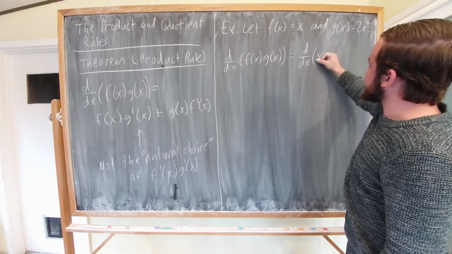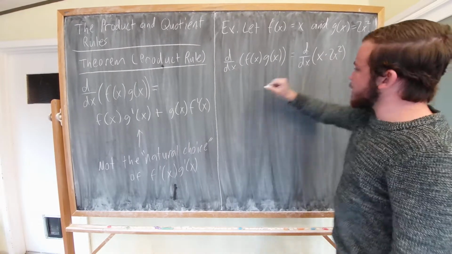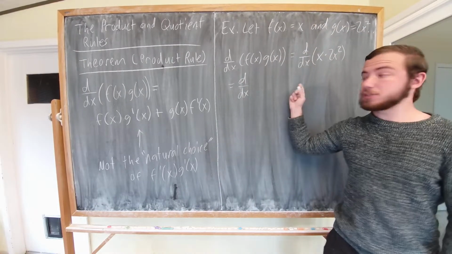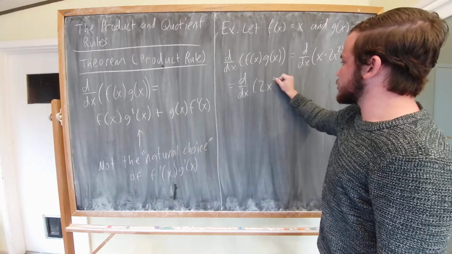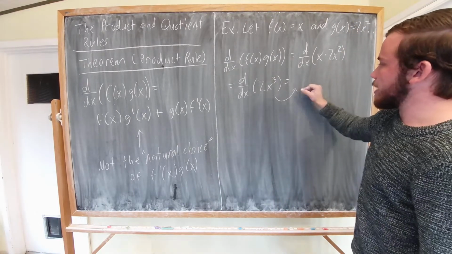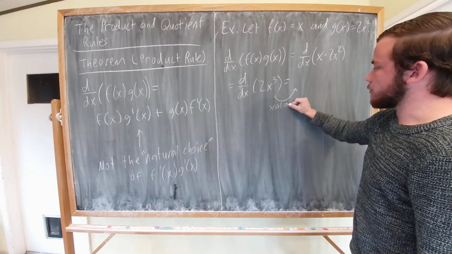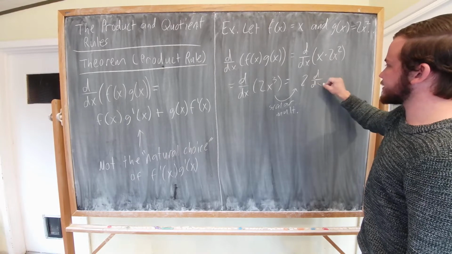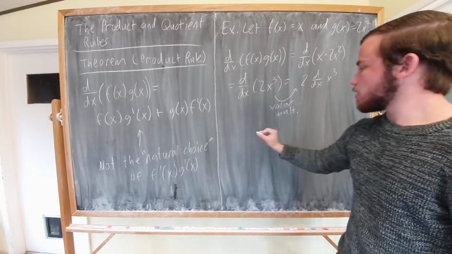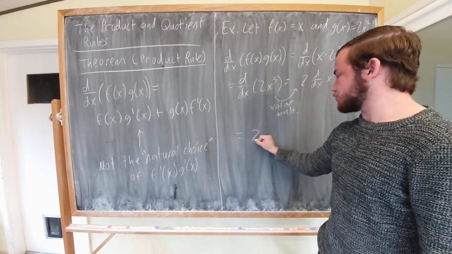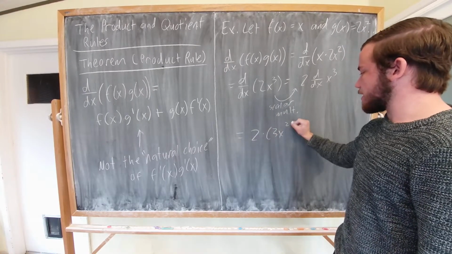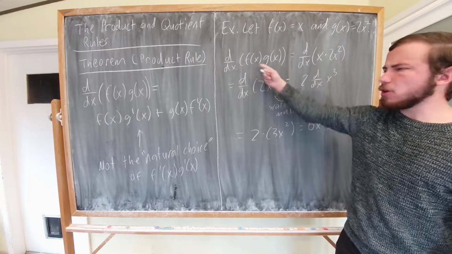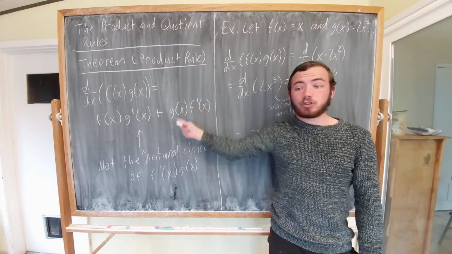That's the derivative with respect to x of x times 2x squared, which is the derivative of, using our algebra rules, 2x cubed, and then by the scalar multiple rule, this is 2 times the derivative with respect to x of x cubed, which now by the power rule is equal to 2 times 3x squared, aka 6x squared.